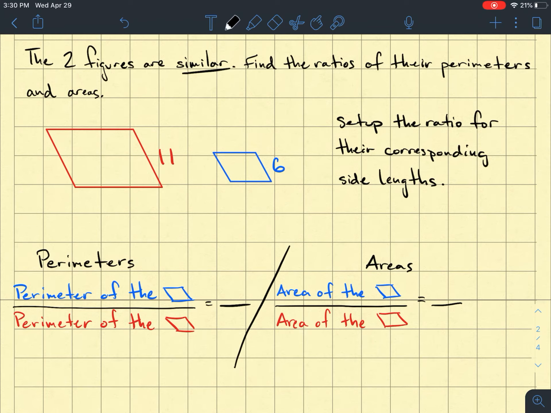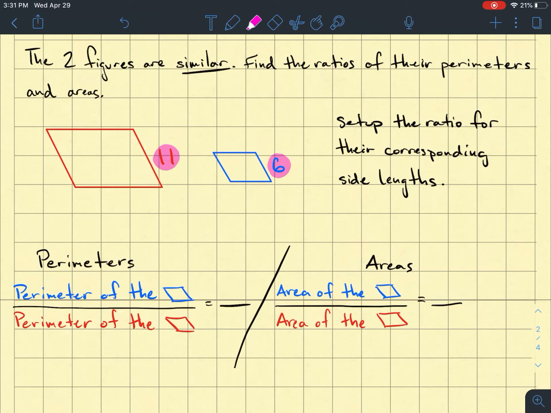So the 2 figures are similar. Find the ratios of their perimeters and their areas. The perimeters, you know, it's easy, right? You just take the corresponding side lengths, you set up your ratio, you're done. So let's go ahead and take care of that first. We are given these 2 slant heights of these 2 parallelograms.